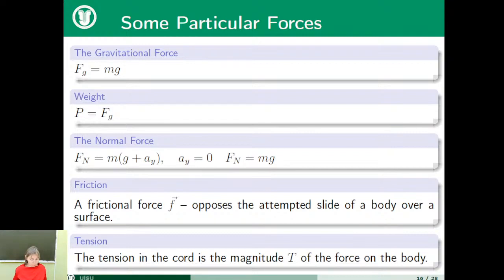Then the normal force. If you stand on a mattress, earth pulls you downward, but you remain stationary. The reason is that the mattress, because it deforms downward due to you, pushes up on you. Similarly, if you stand on a floor, it deforms and pushes up on you.